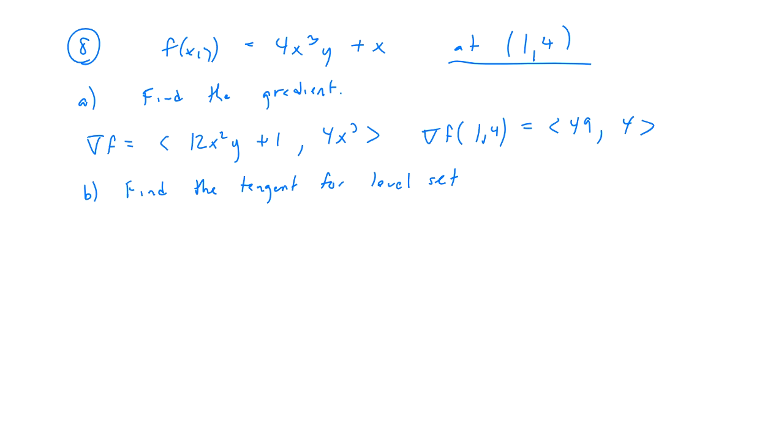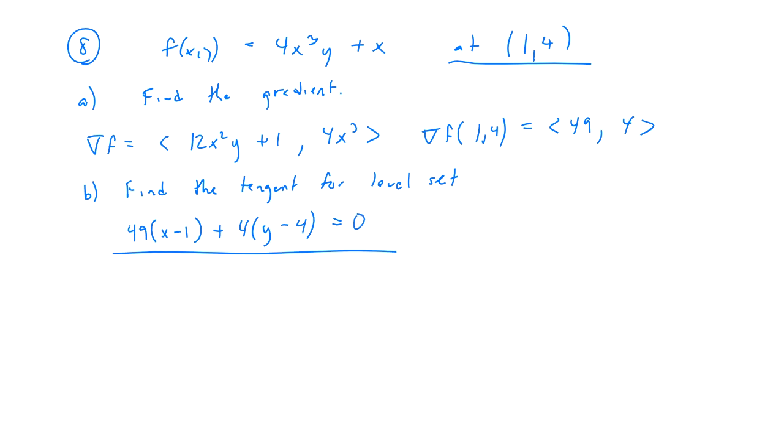So in some ways similar to what we do for the plane, which is we use the gradient. Yep. So 49 times x minus 1 plus 4 times y minus 4 equal to 0. Okay.